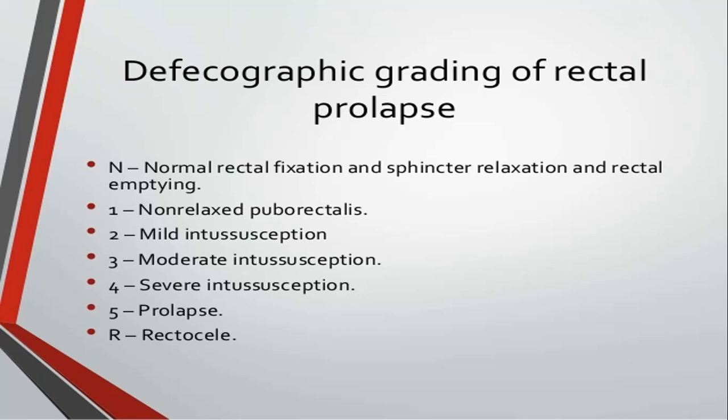And a rectocele, you can see the rectum bulging, is marked R. So in the defecographic grading, normal is where the sphincters relax by themselves and there is no intussusception, so you don't have to worry about that.